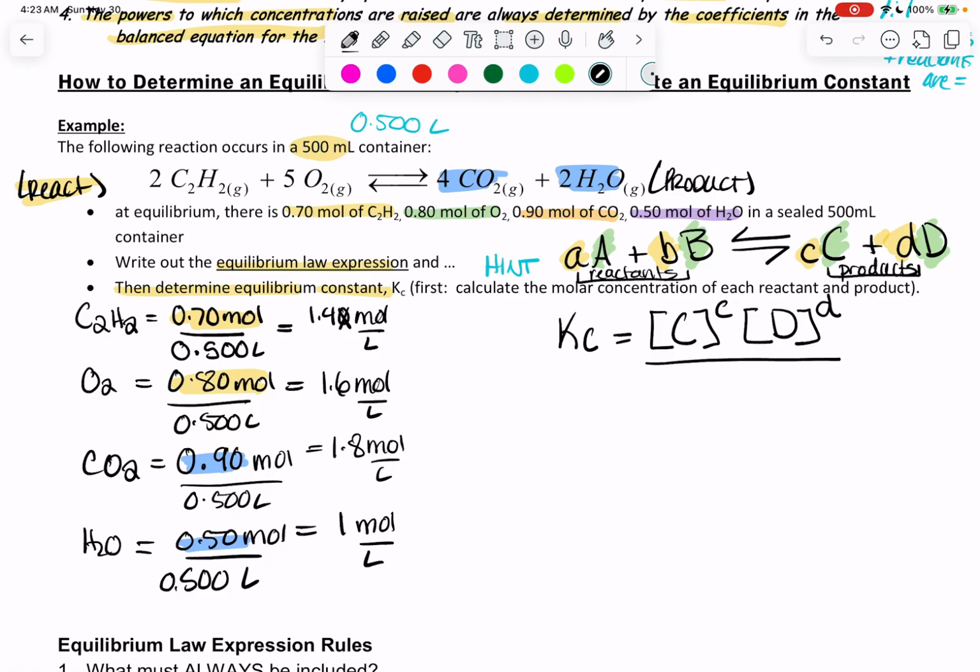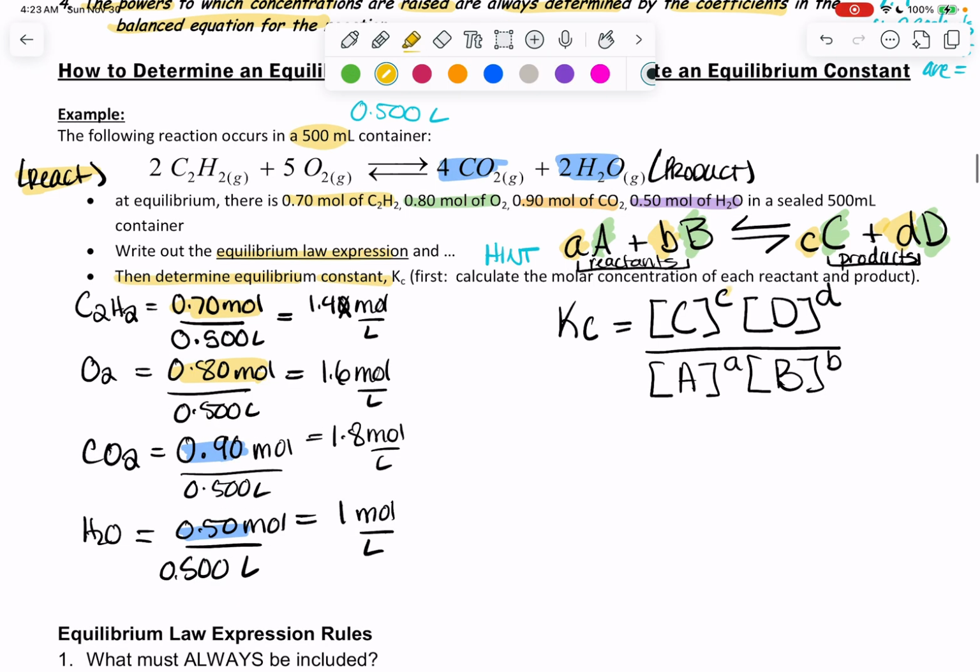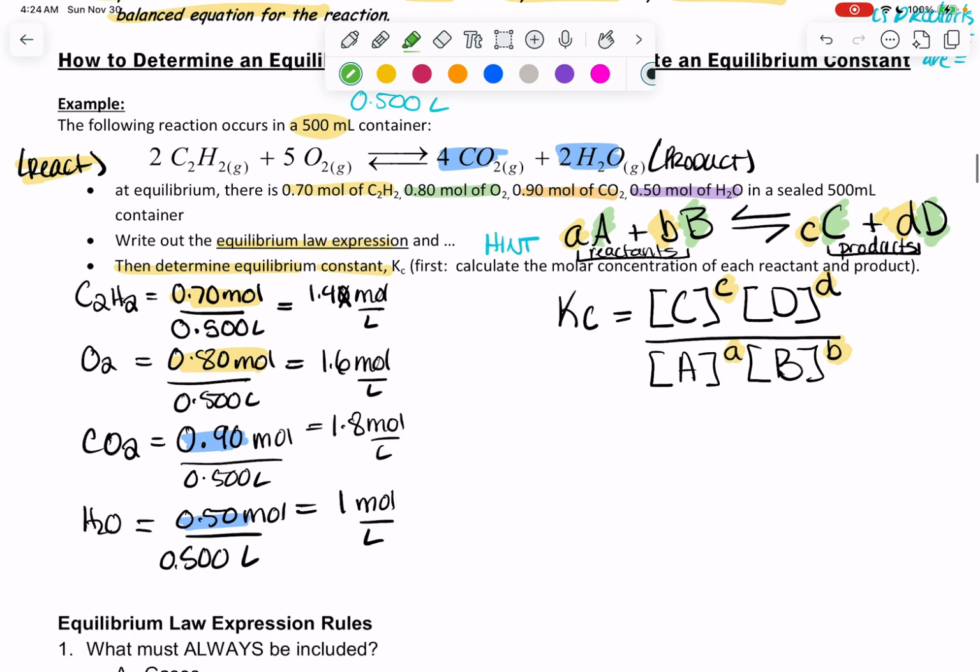So the concentration of A to the power of a, the concentration of B to the power of b, where these powers are my coefficients, so the numbers in front, and these values are my concentrations of these particular compounds.